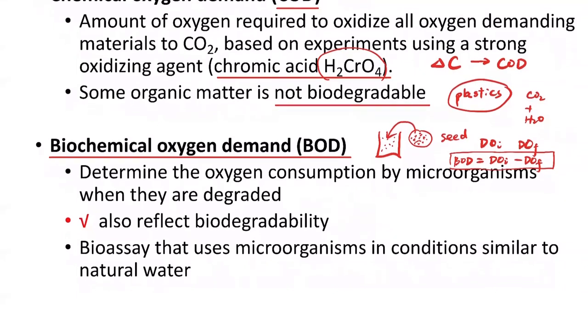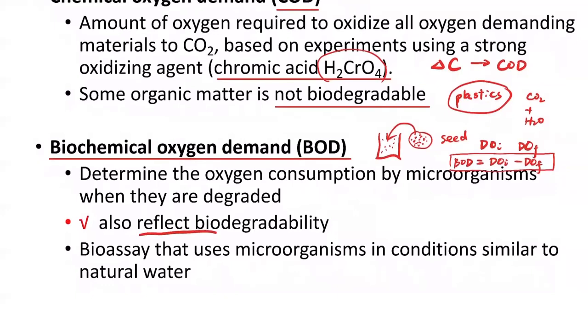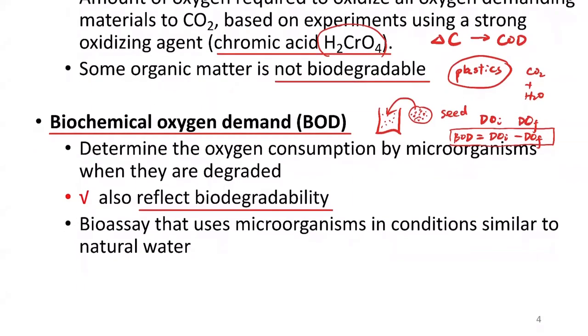So the advantage of this method is that it reflects biodegradability. We know that these seeds, or these microorganisms, are not so dumb that they're going to decompose the plastics, right? They don't have that capability. So this reflects what's happening in nature, right?